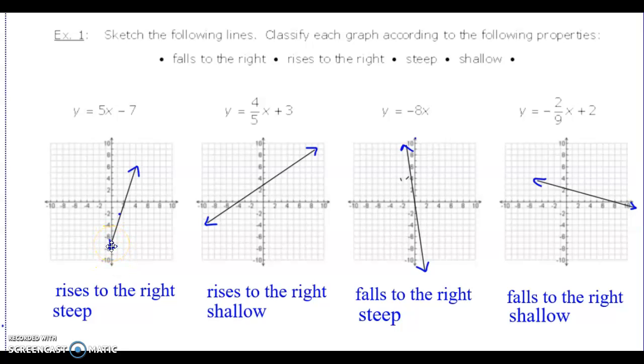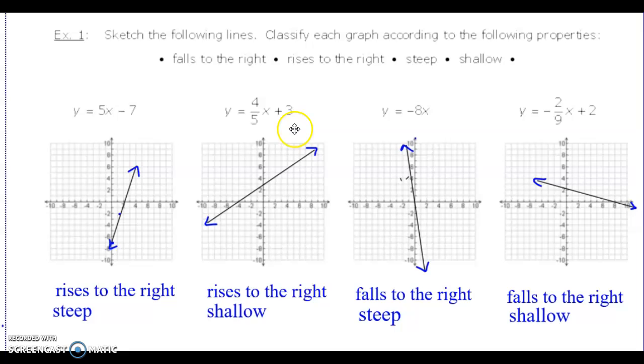My slope is positive 5, so it's 5 over 1. So up 5, right 1, and connect. So there's my line. In terms of how this line moves, as I move from left to right, I can see that it is rising to the right. Okay. Now in terms of shallow or steep, I'll get back to that in a moment.